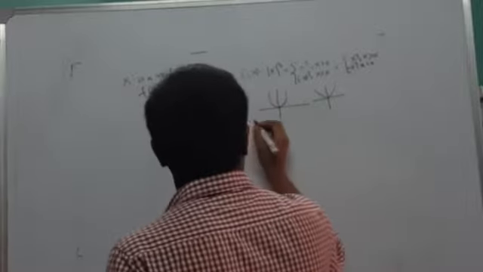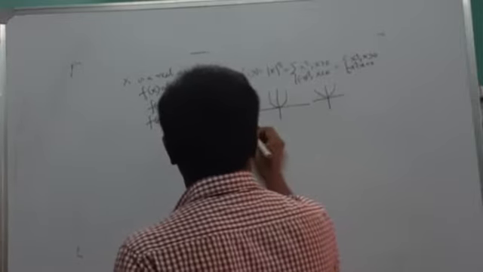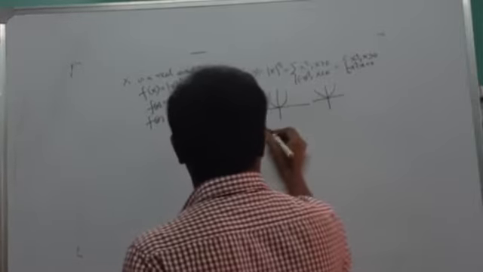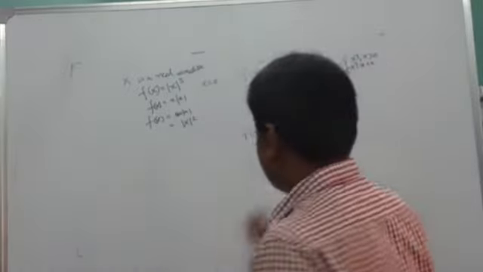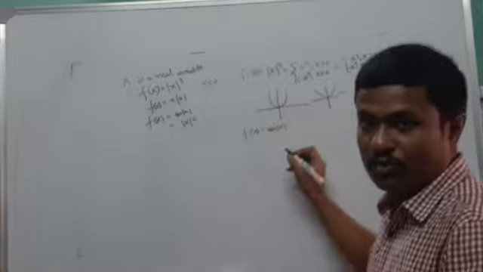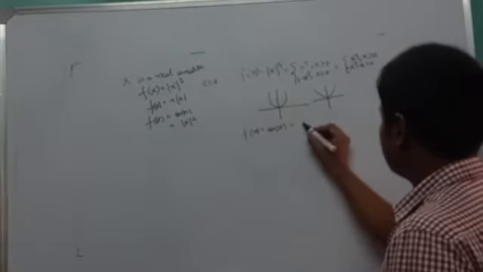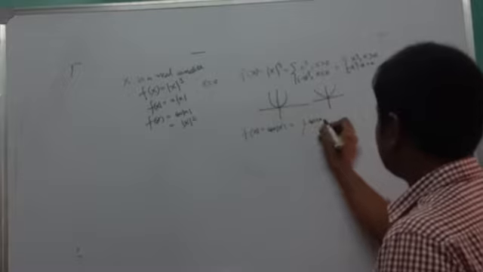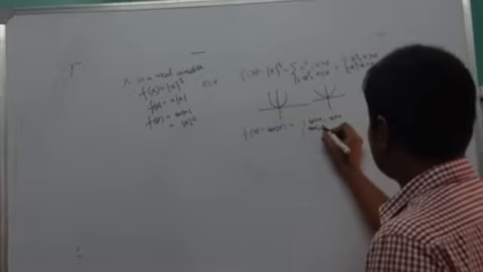Let's look at the second function, or rather let's look at the third option and the fourth option, because those are very easy to guess. If you look at it, f(x) equals cos of mod x. It is cos of x for x greater than 0, cos of minus x for x less than 0.